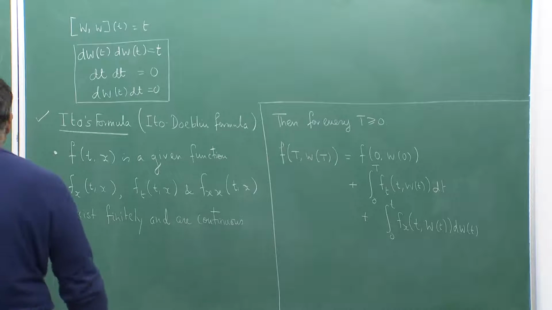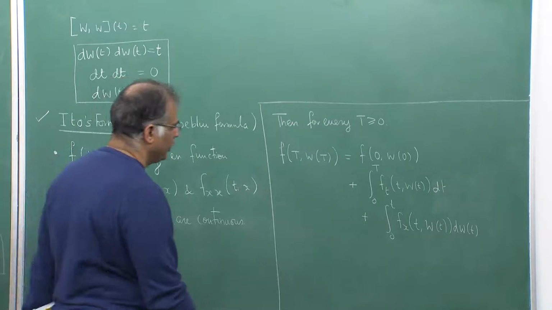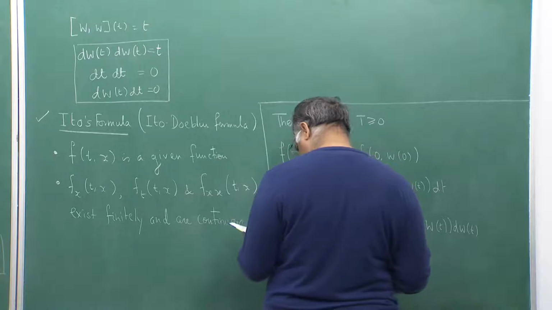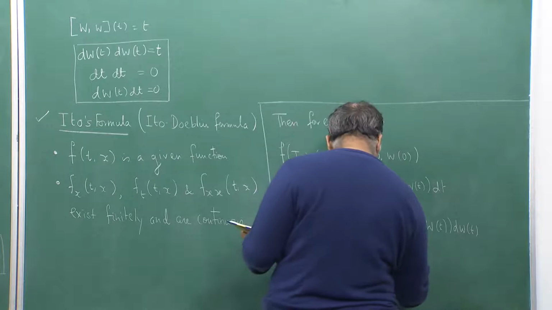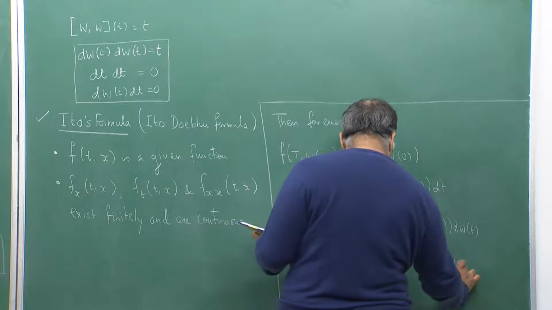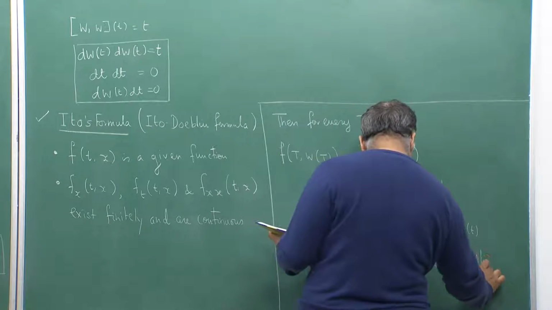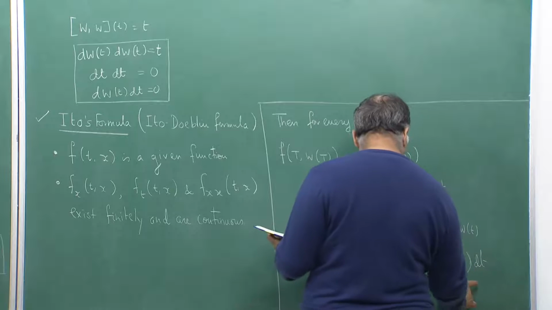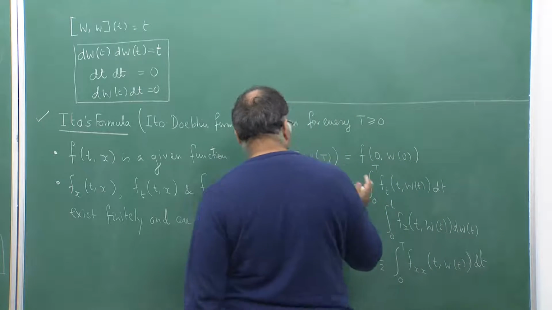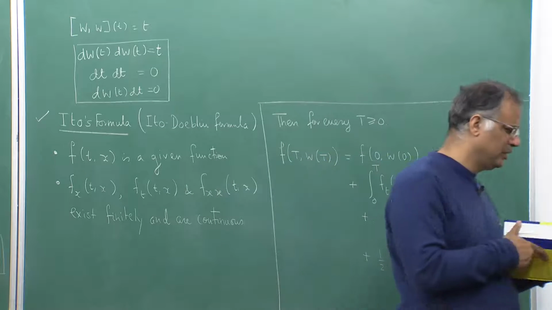Then there has to be the correction term for the quadratic variation. So then that will be the integral from 0 to t of f_xx(t, W_t) dt. This will not be an Ito integral, so this will be an Ito integral. So finally you are talking about a stochastic process.